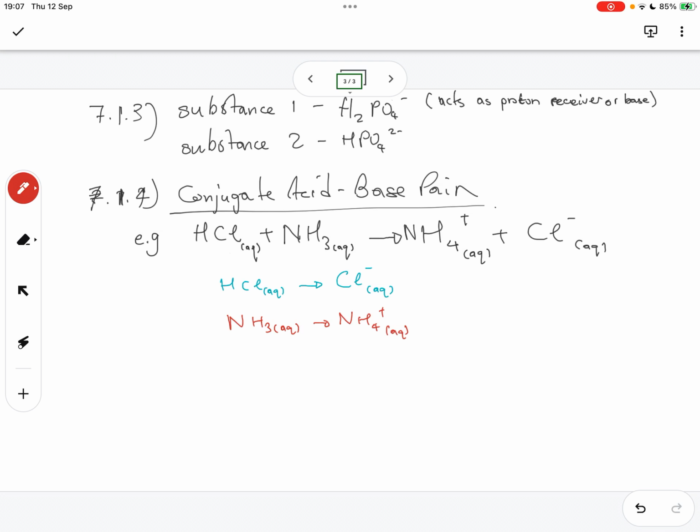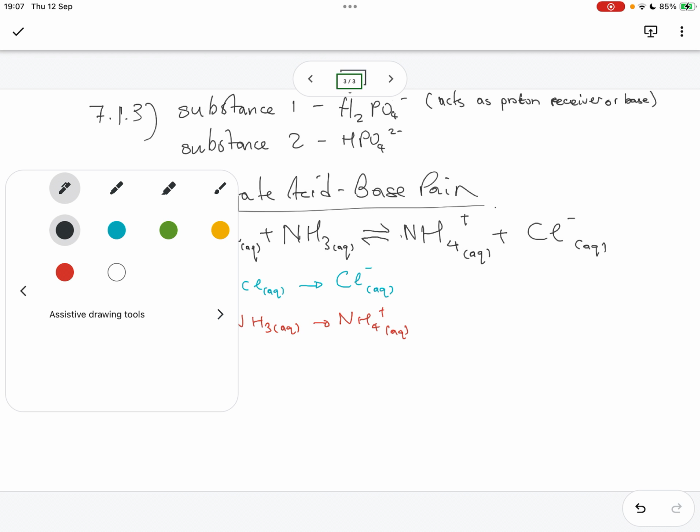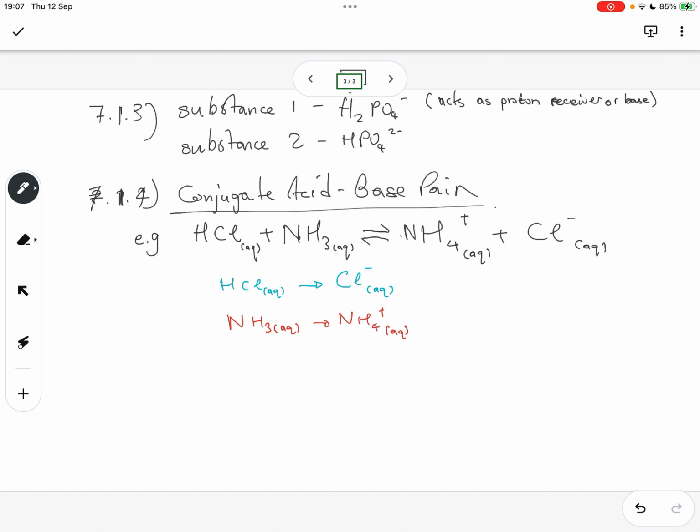But now, what happens if we look at the reverse reaction? Which is why there is that symbol. You remember that symbol? Two arrows going in opposite directions. So if we look at the reverse reaction, which is NH4 plus and Cl minus, then this becomes true.